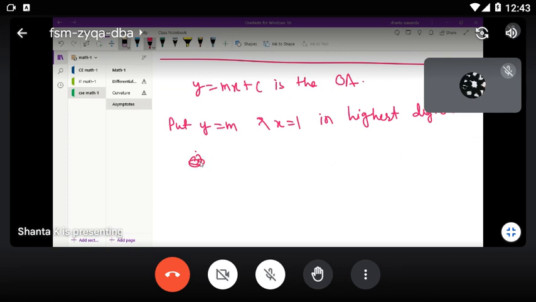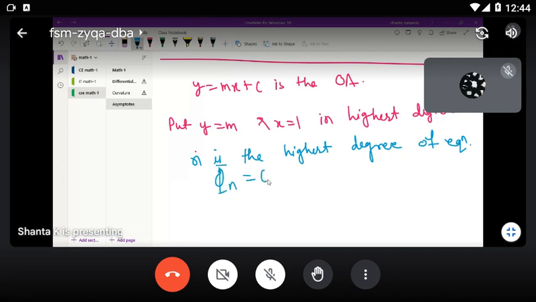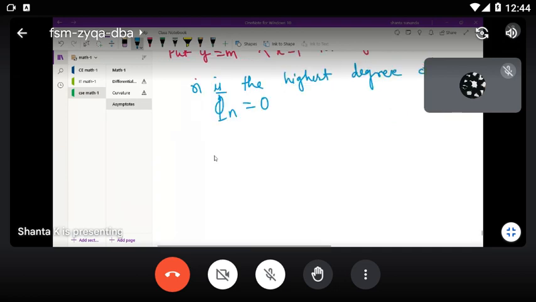Suppose n is the highest degree of the equation. First we will set phi n equals to 0. I am giving you some equations. I didn't go for the derivation, but it works very well for the oblique one.